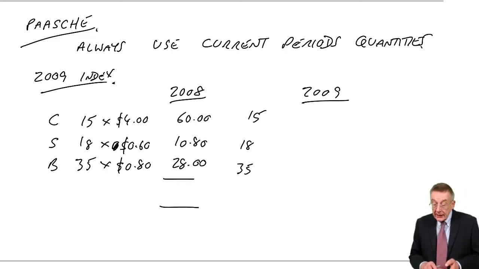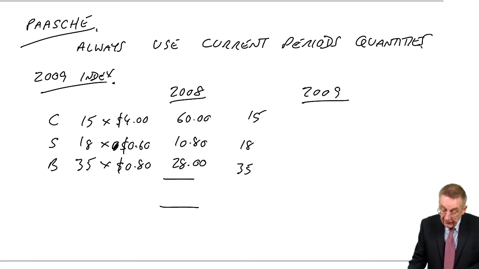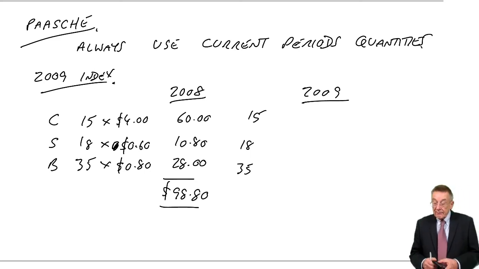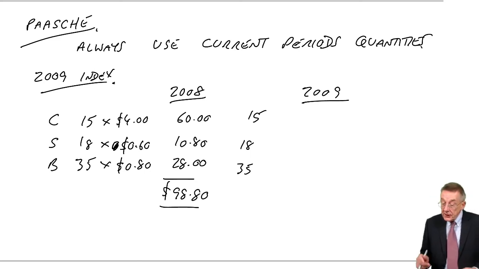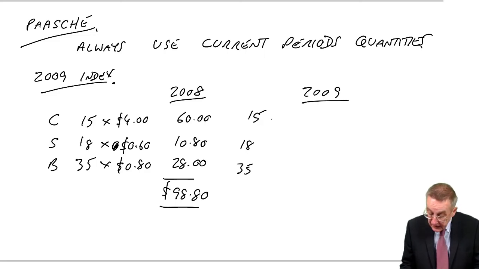And so the 2009 quantities would have cost $98.80. And what would those quantities have cost in 2009?